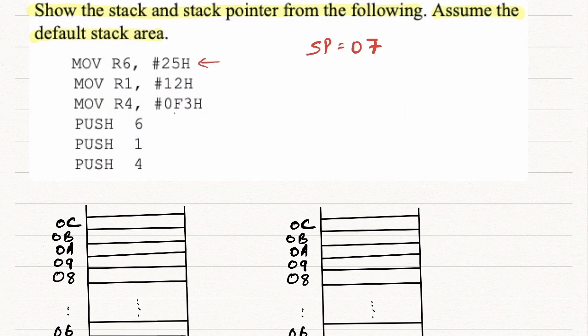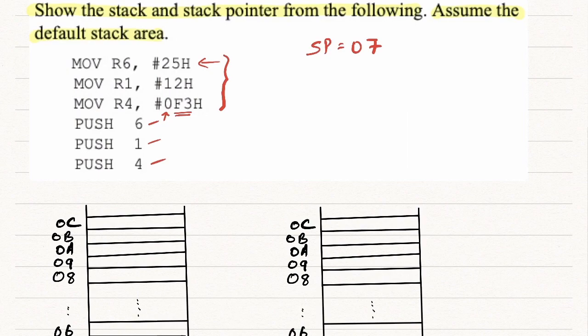Remember, it is F3 only, but since the IDEs we are using always expect a number at the beginning, we will use 0F3, but it's actually move R4 comma F3H. After we move some values to R6, R1 and R4, we have written three instructions: push 6, push 1 and push 4.